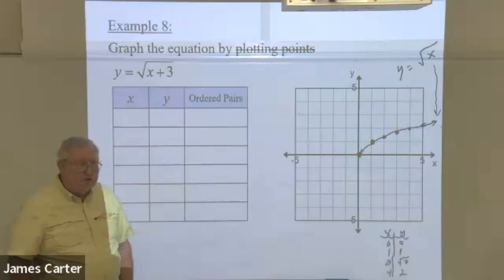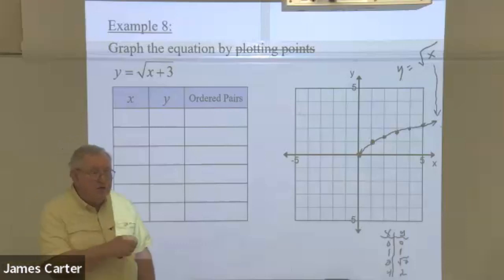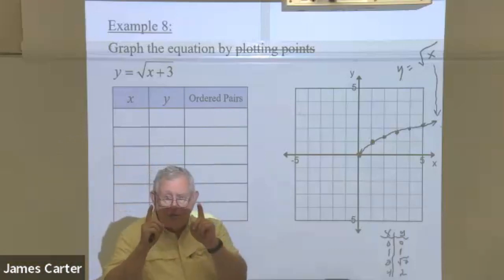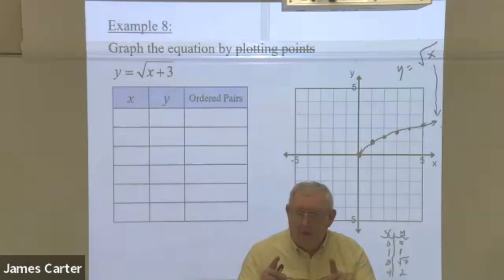That might be a good sentence to write down. When a modifier is under the cap, inside the absolute values, or inside a parentheses with the variable, then it's going to shift it left or right, opposite of sign.